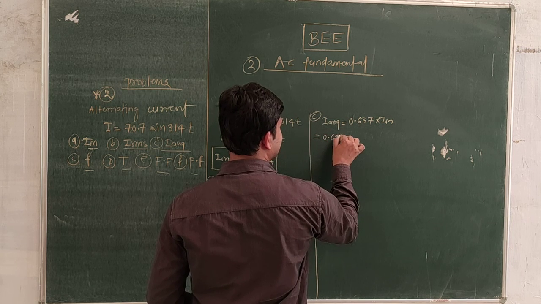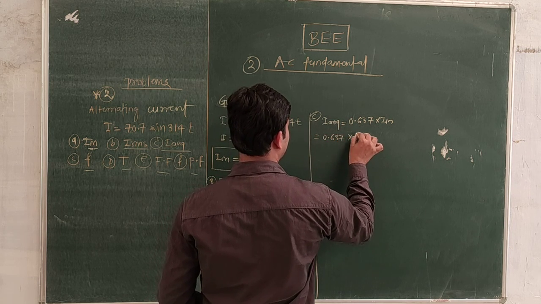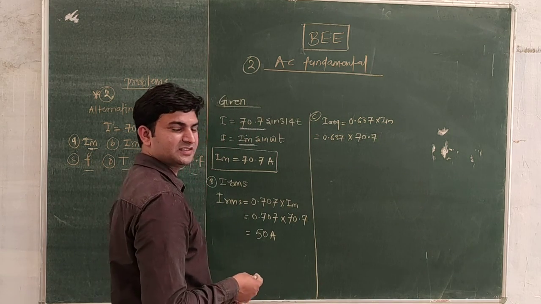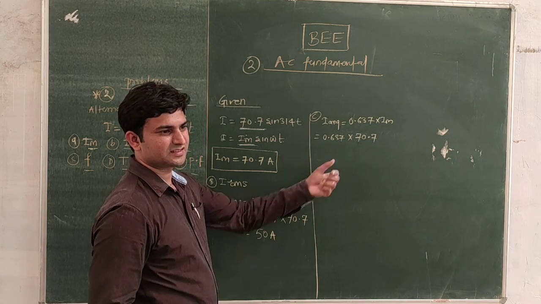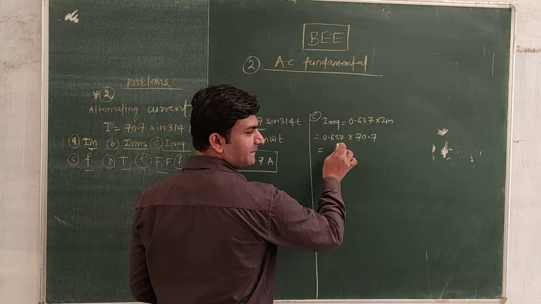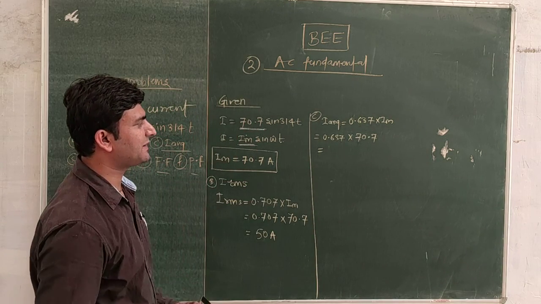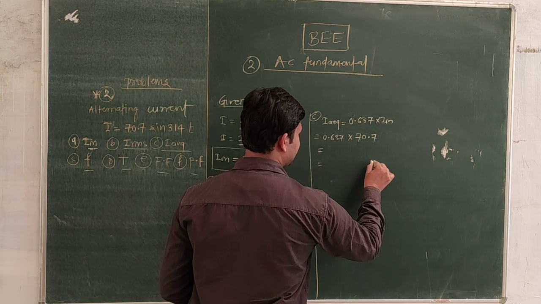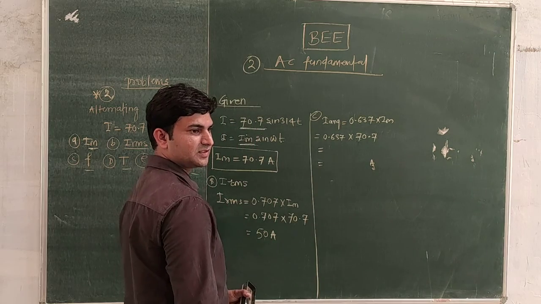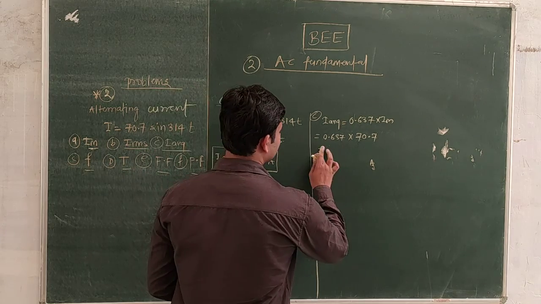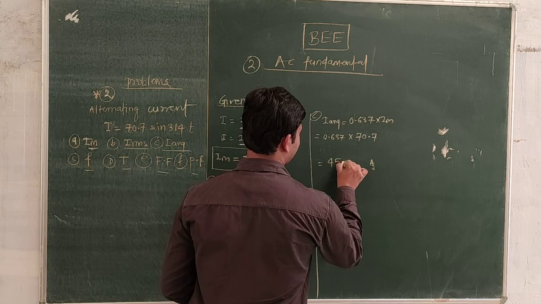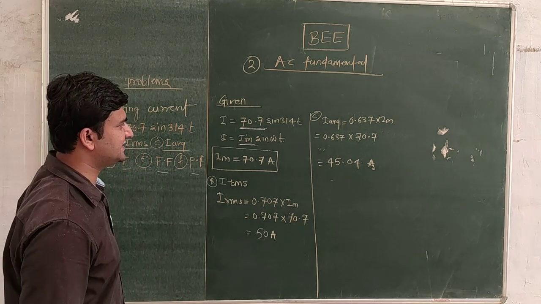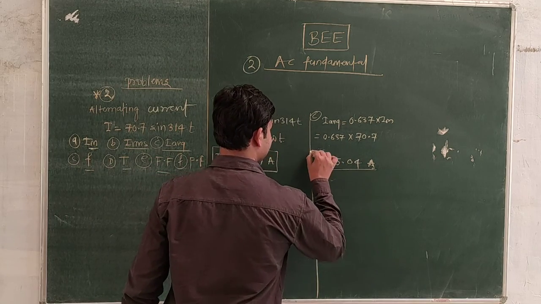So 0.637 multiplied by 70.7 gives 45.04. So 45.04 ampere is the answer, that is the average value of the current.